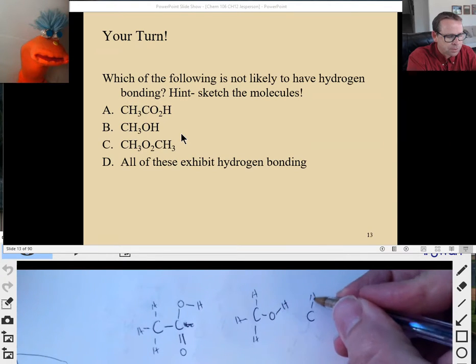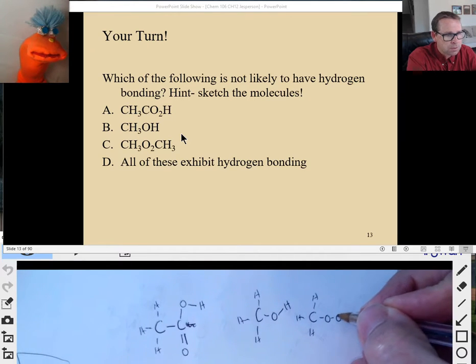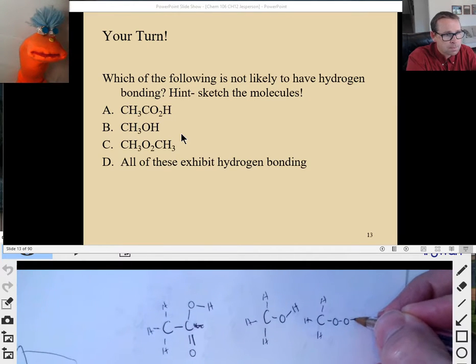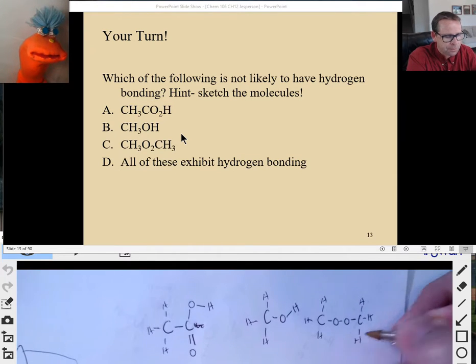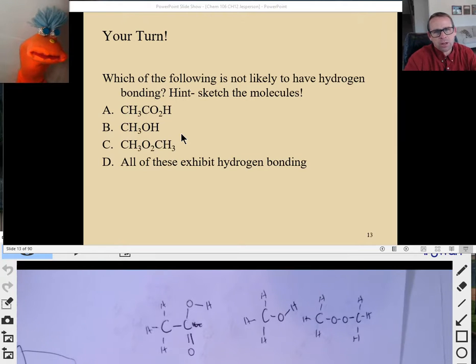C, 3 hydrogens, 2 oxygens, another carbon with 3 hydrogens. All right? So we won't have it so that you have to know how to draw these, but it is something that you need to gradually be more and more familiar with. Okay?